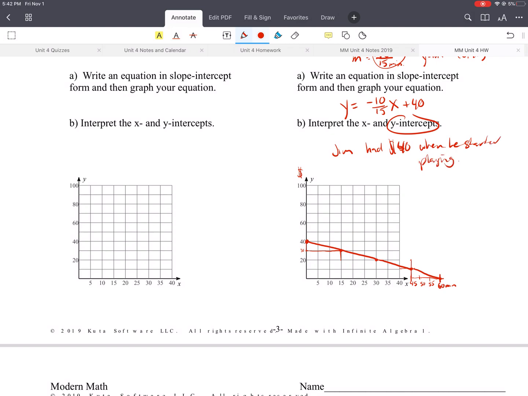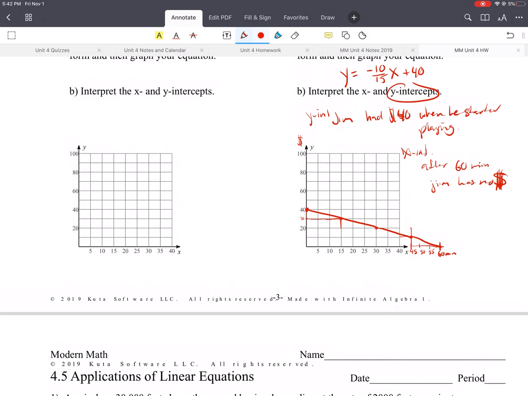Okay, and then for this would be our y-intercept. The x-intercept would be something like after 60 minutes, Jim has no money. Okay, and that would be about it.